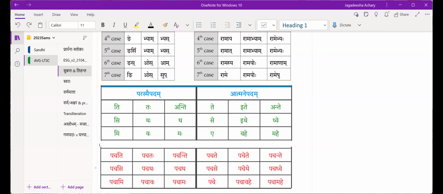Pach is one of those, which is why the author took pach as the example. For gam, you won't get gamate, because gam is purely parasmaipada. So you get gacchati, gacchatah, gacchanti. In the same way, path, to read, is parasmaipada only. You will never get pathate, pathete, because it is purely parasmaipadi. So you get only pathati, pathatah, pathanti, pathasi, pathathah, pathatha, pathami, pathavah, pathamah.